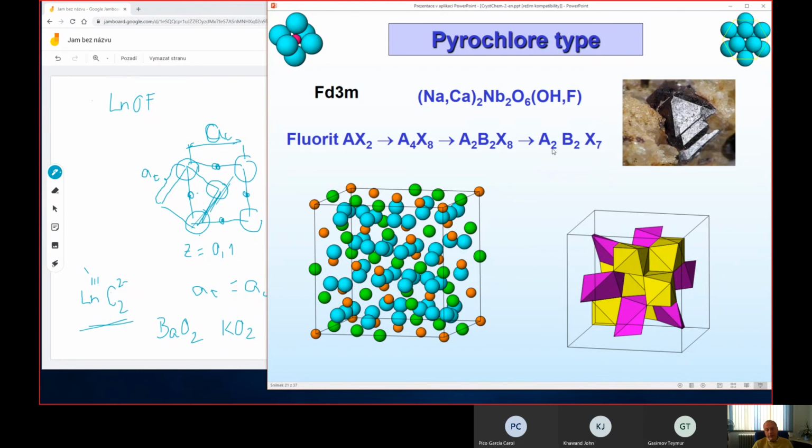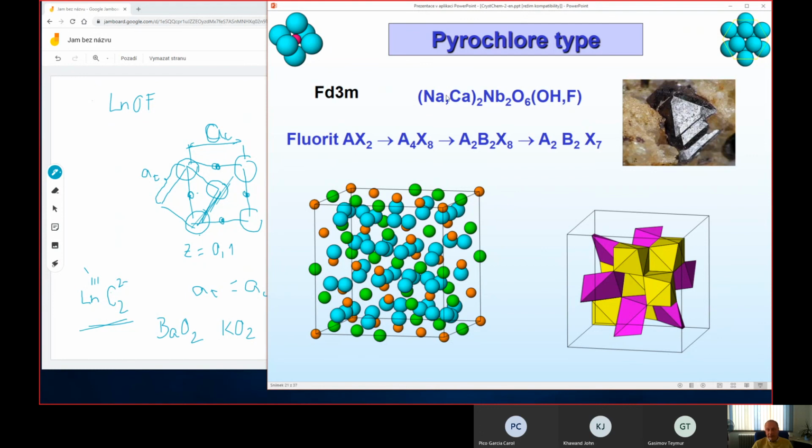So the resulting stoichiometry is A2B2X7, and the mineral pyrochlore would be, for instance, Ca2Nb2O7. But if calcium is replaced by sodium, we must satisfy the charge balance. So if we decrease the cation charge here, we must decrease the anion charge as well. So instead of having oxide anion, we have OH minus or F minus.